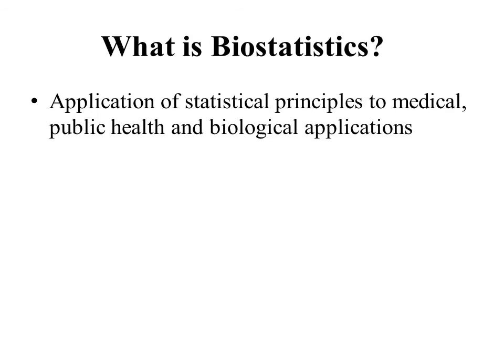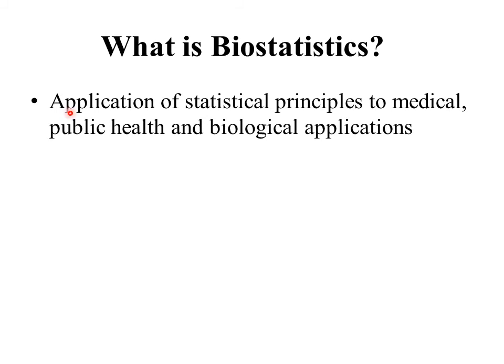So the first chapter is the basics of what is biostatistics, and we're going to hit just a couple of slides here to summarize the most important point in Chapter 1. So what is biostatistics? Well, it's simply the application of statistical principles to medical, public health, and biological applications. The statistics that we're going to talk about here aren't a whole lot different than maybe what you saw in your Intro to Stats class.